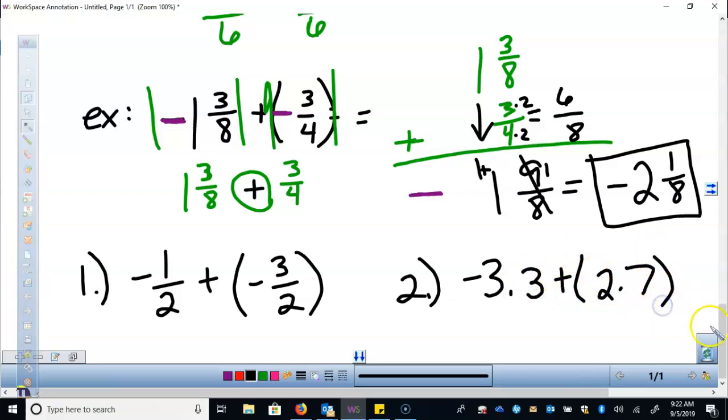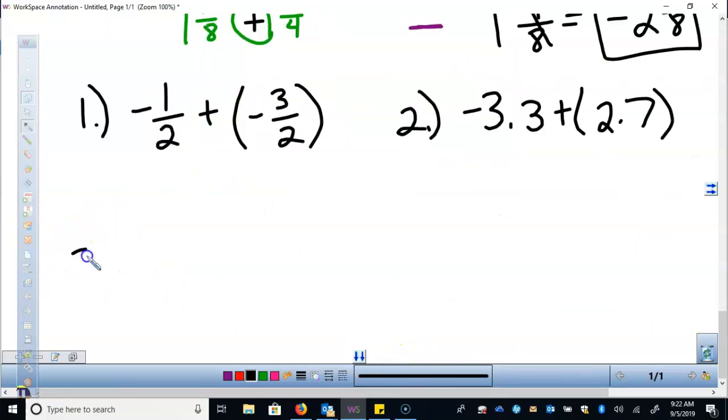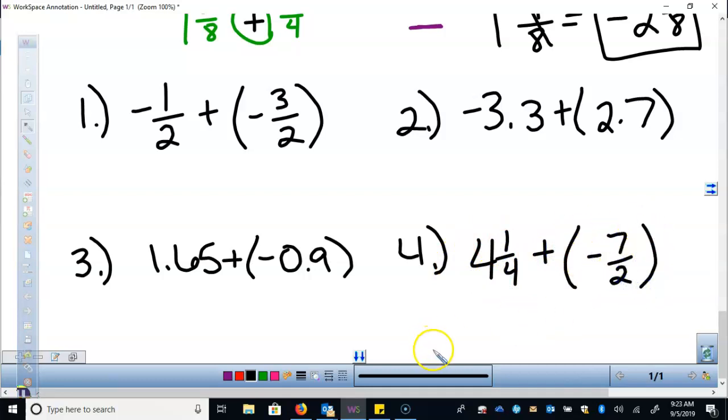Pause the video to try them, and then I'll be back with the answer to see how you did. Okay, there's your 4 problems. Try them, pause the video, and I'll be back with the answers, okay?